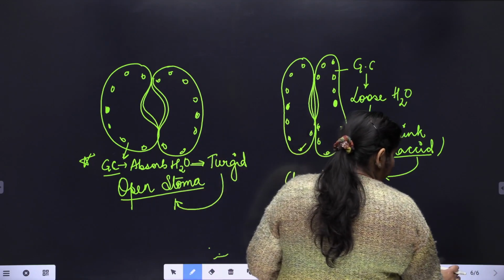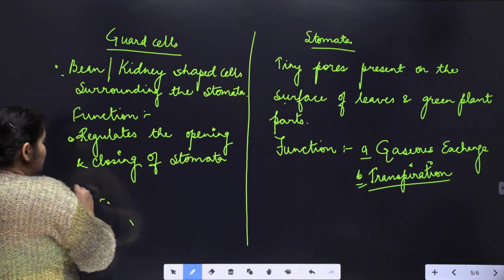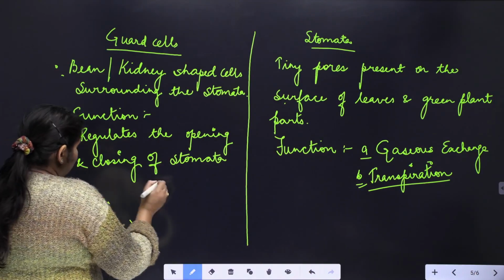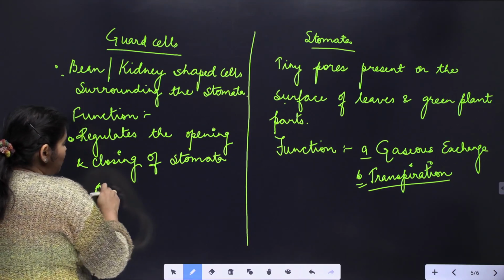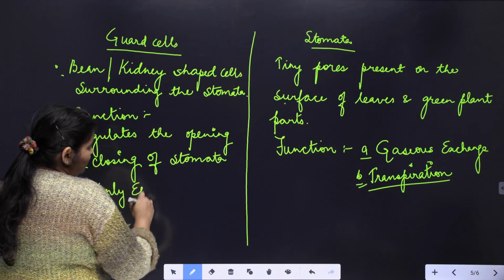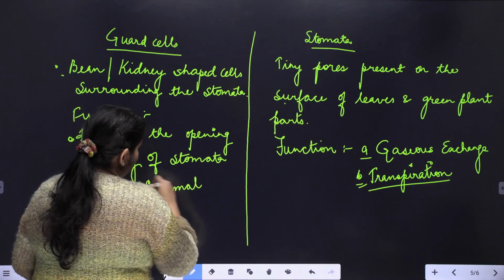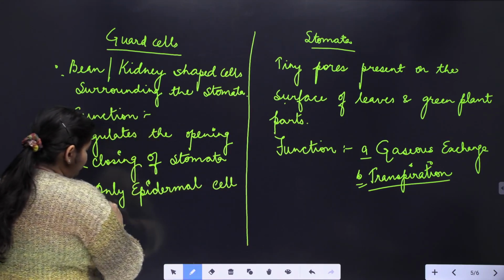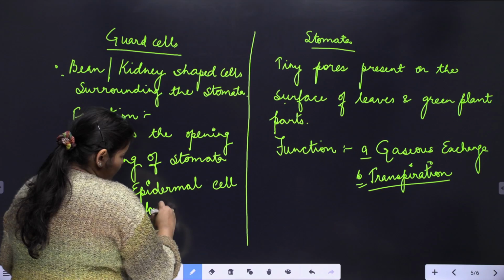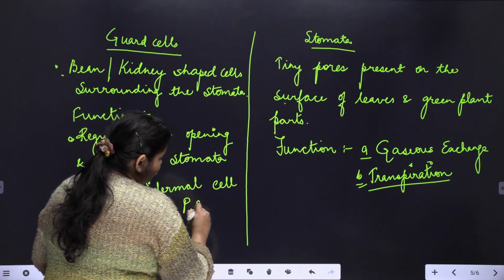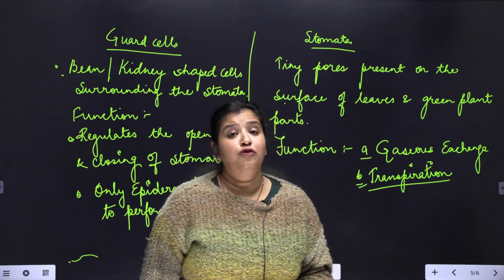Now, what is the other function of the guard cell? This is one function. Second one, you can write: the only epidermal cell to perform photosynthesis.